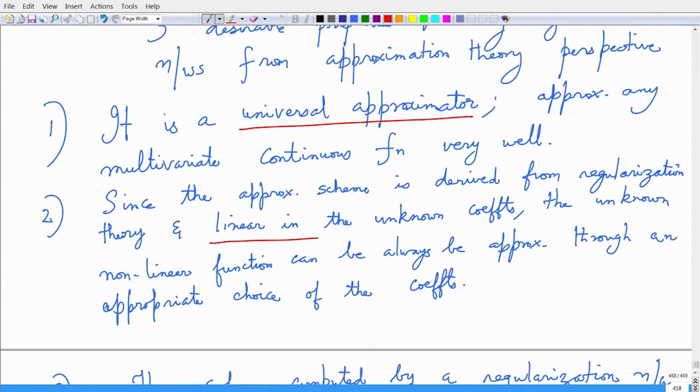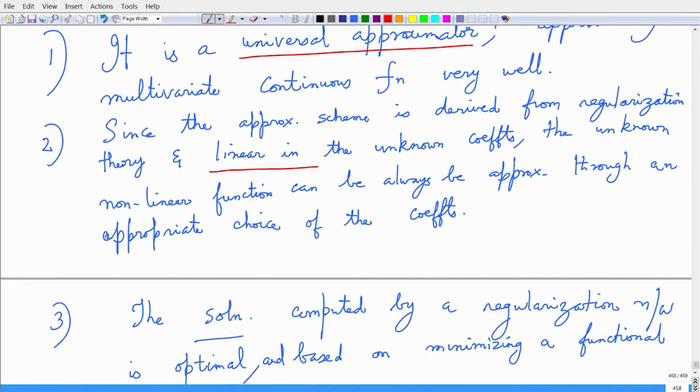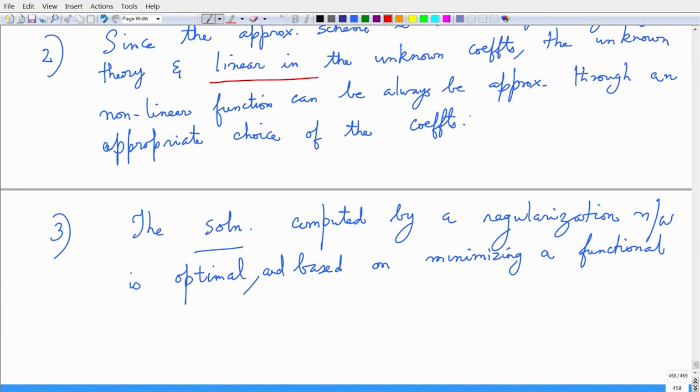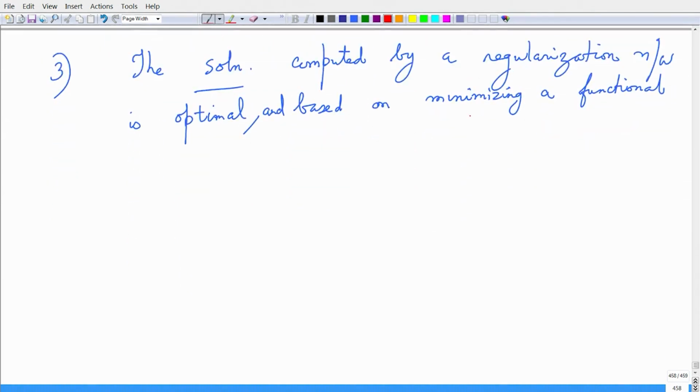So, they can approximate multivariate continuous functions pretty well, and the approximation scheme is derived from regularization theory and linear in the unknown coefficients that can be appropriately solved, and the solution itself is computed based upon minimizing a functional, and this is the Tikhonov functional, and therefore it is optimum. So, therefore, this is a desired property. Okay. So, with this we will end this module, and we will work further.